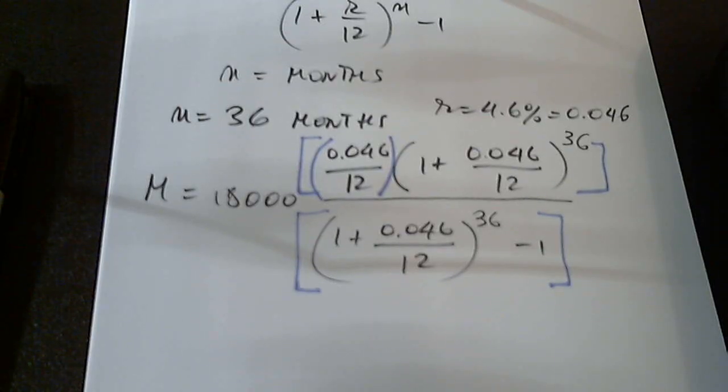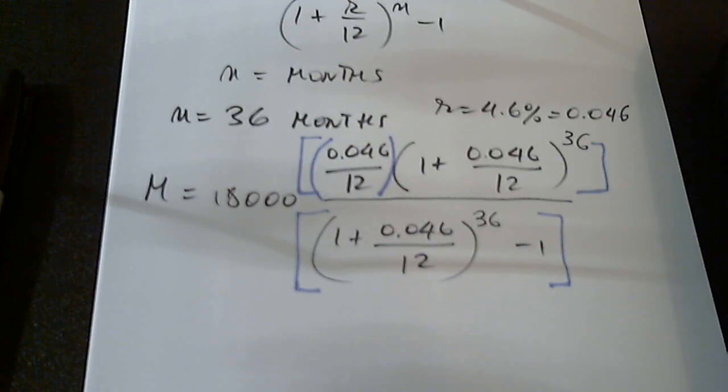So 18,000. It's even easier to see in this case. Another set, 0.046 divided by 12, close, open, 1 plus 0.046 divided by 12, close, caret 36, bring down the cursor, close, divide, open again, 1 plus 0.046 divided by 12, close, caret 36, close, bring it down, minus 1.